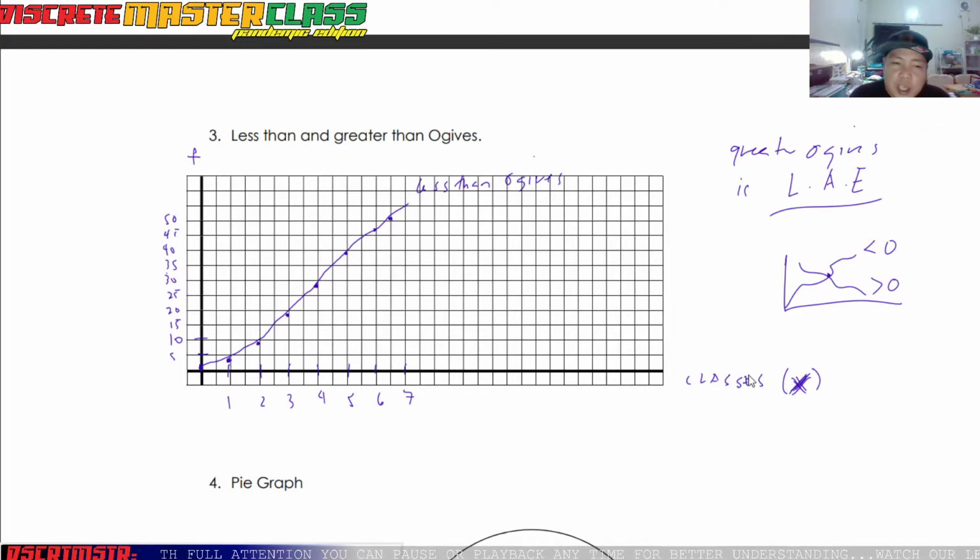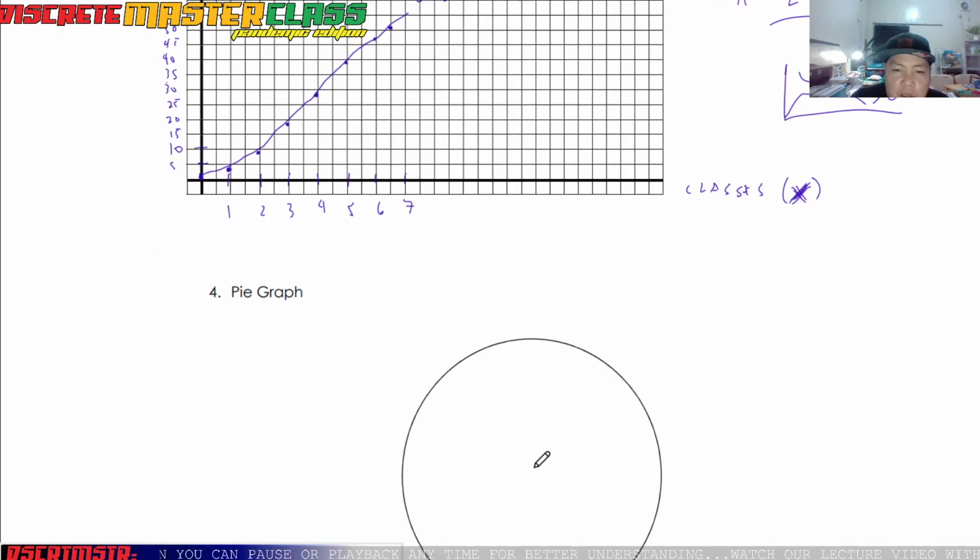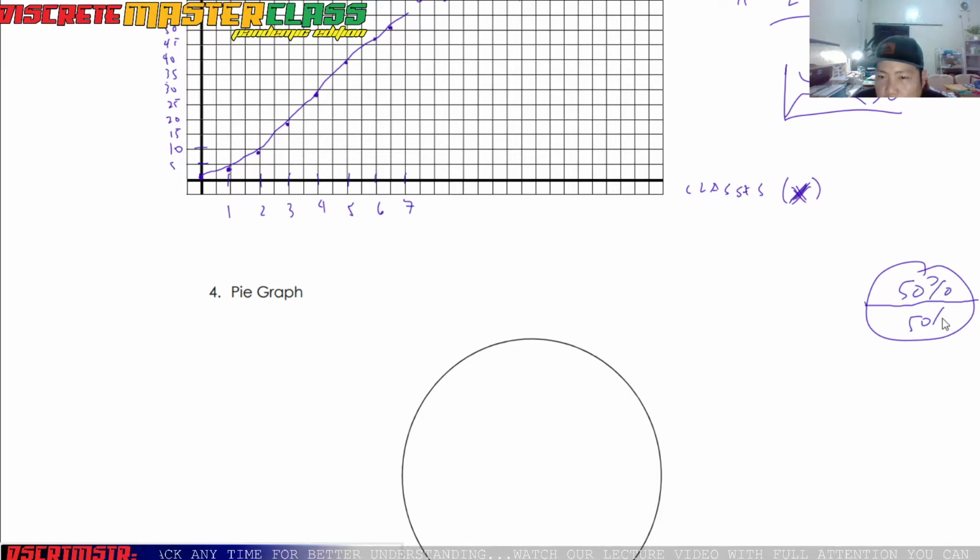Okay? Next, our last is what you call the pie graph. You are familiar about this, no? Ngayon, anong gagamitin natin dito? If you divide your pie using your diameter, it means that this is 50% of the pie and this is 50% of the pie. So, maliwanag yun. Yung 50 na yan, pag hinati ko, 25, 25, and so on.